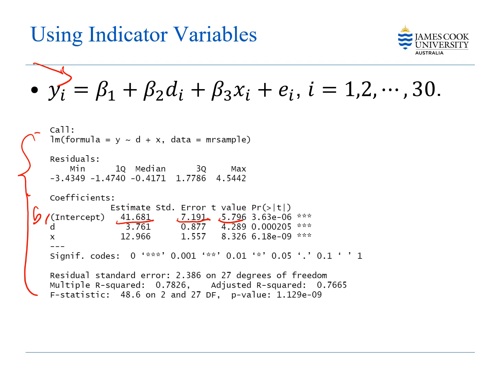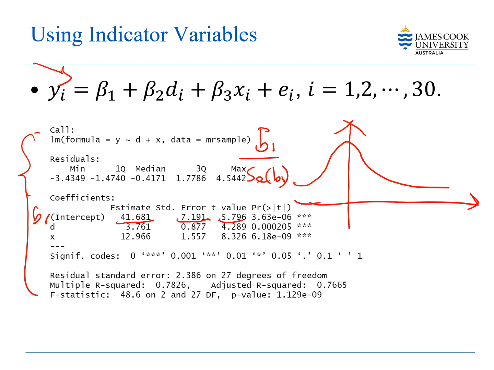So doing a t-test, right? Let me just quickly go through this. The t value is B1 divided by the standard error of B1, okay? And it looks like this. It's a bell shape, but has fatter tails than the standard normal distribution.